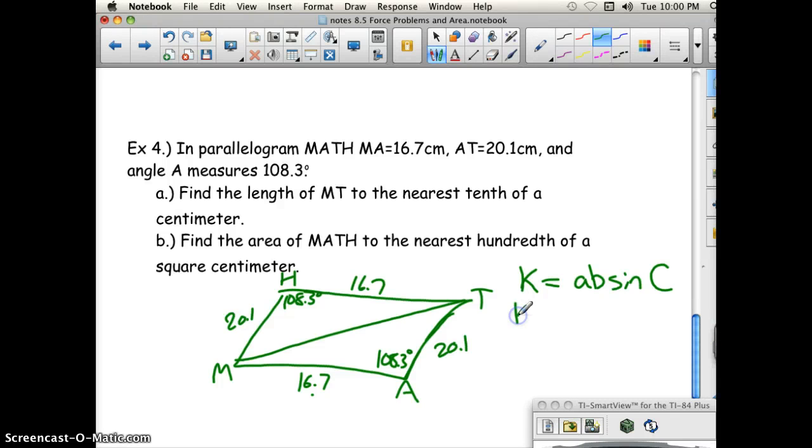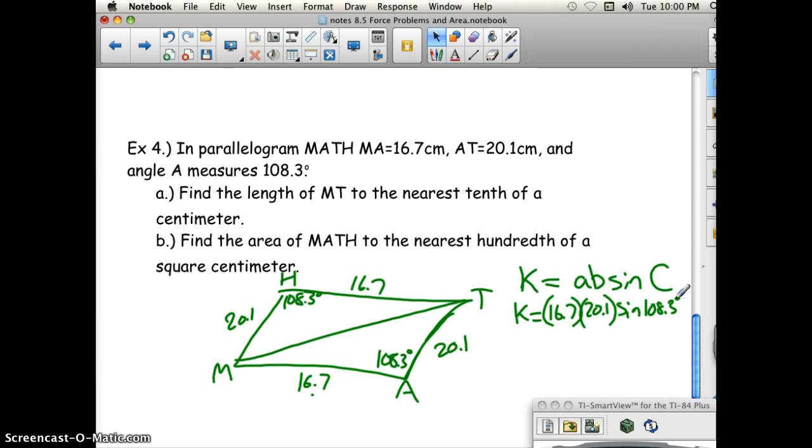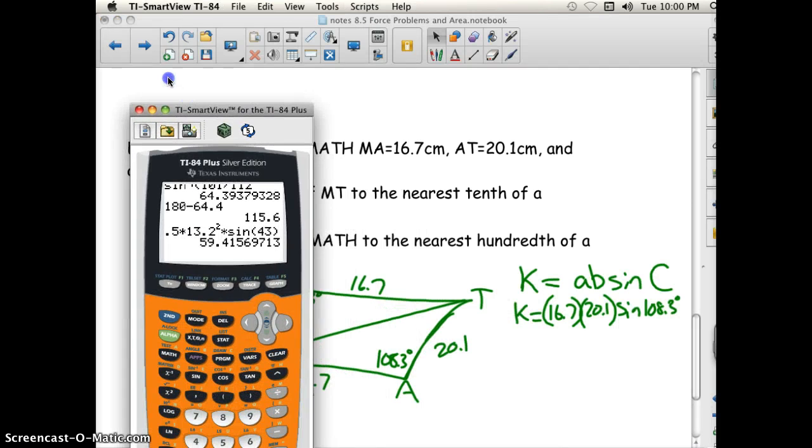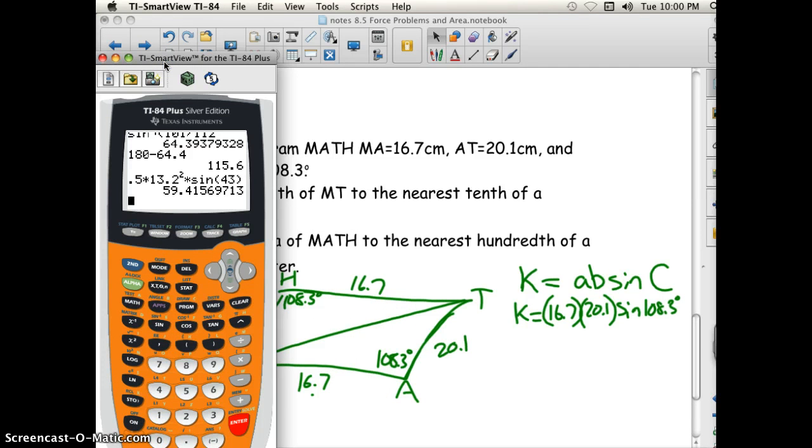Okay, so K is 16.7 times 20.1 times the sine of 108.3 degrees. And that's just something that you can put right in the calculator and evaluate. 16.7 times 20.1 times the sine of 108.3.